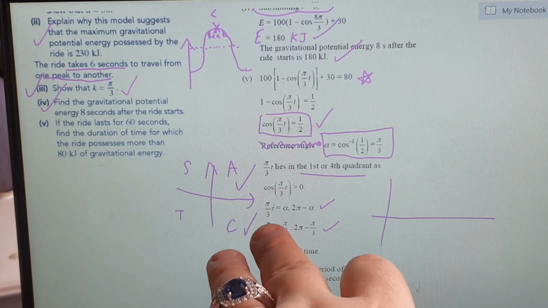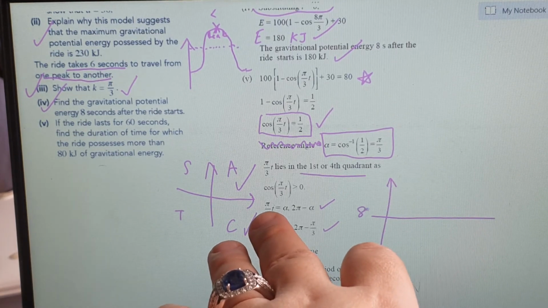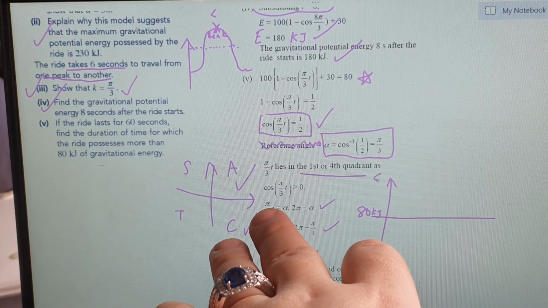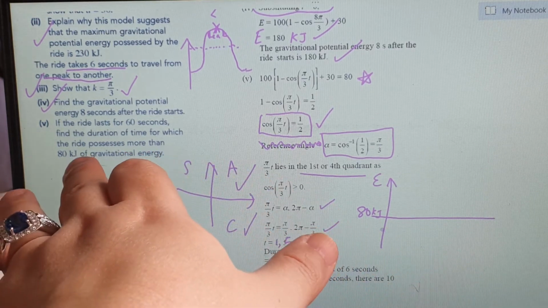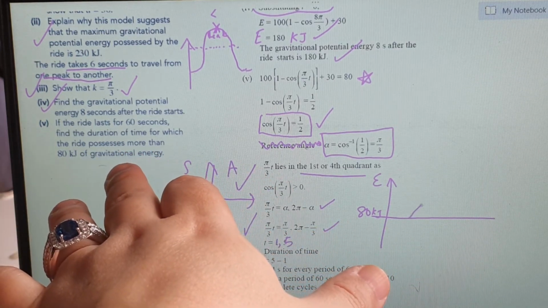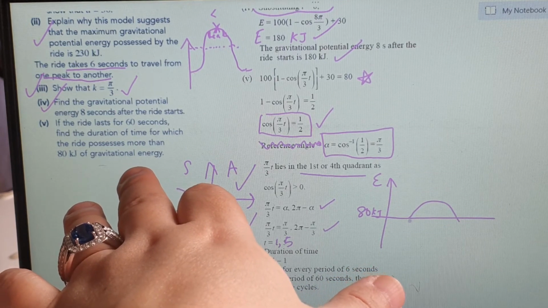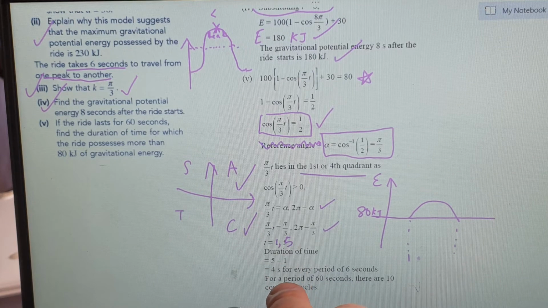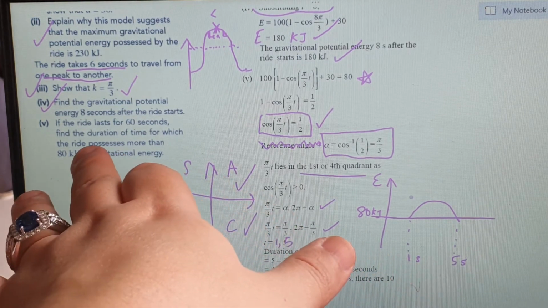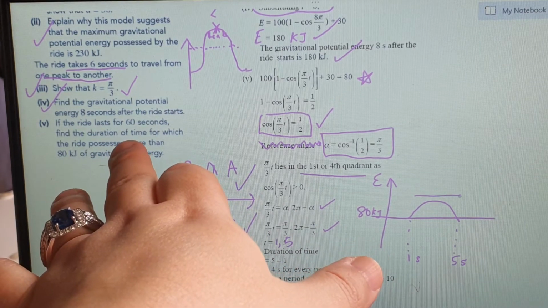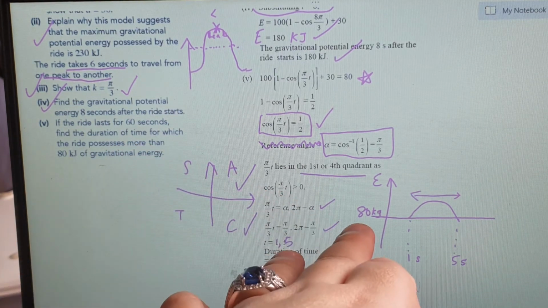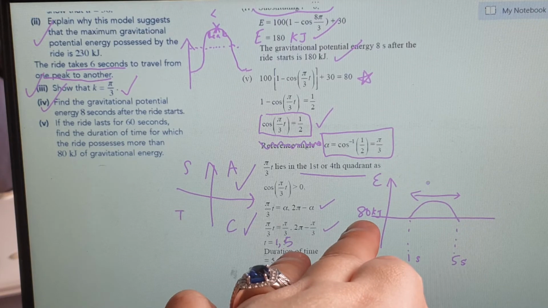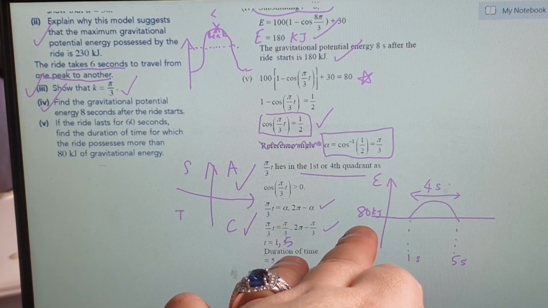Let's say this is your 80, this is your energy, you want it to be more than that. So it will go up and down, and this value here is 1 second, this value here is 5 seconds. So the duration for it to be above 80 kilojoules will be 4 seconds.